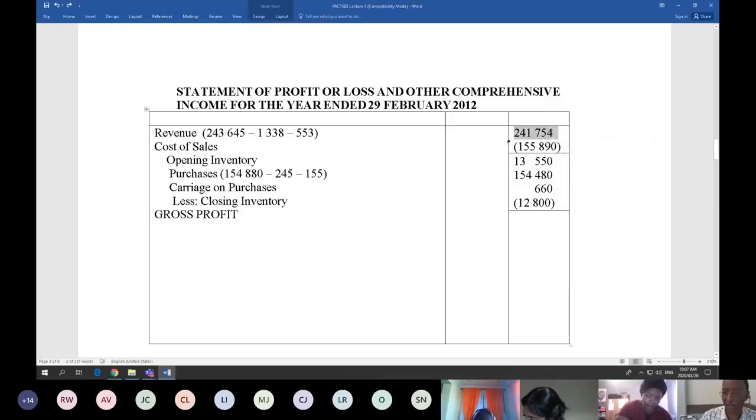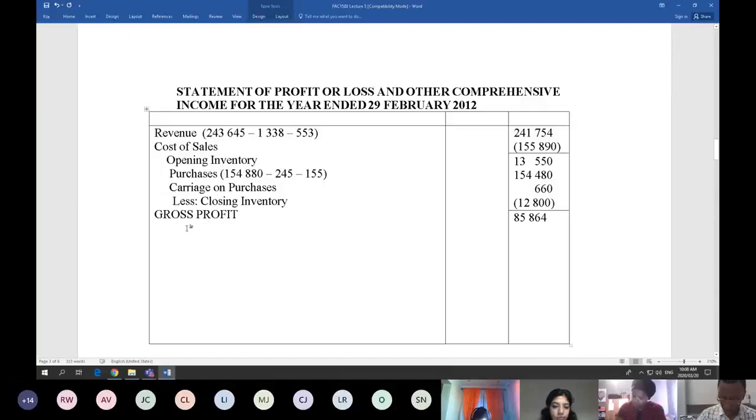Revenue minus cost of sales. That is your gross profit. And your gross profit is now the amount of 85,864.